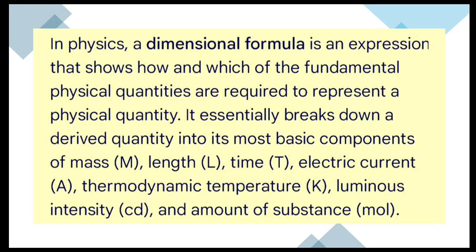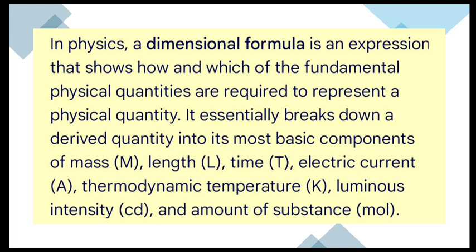In physics, the dimension formula is an expression that shows how and which of the fundamental physical quantities are required to represent a physical quantity. For example, we have velocity as meter per second or kilometer per hour. To denote this physical quantity, which of the fundamental quantities do we need to use?